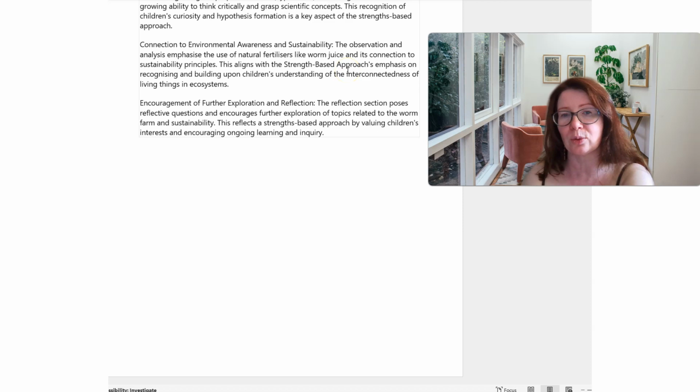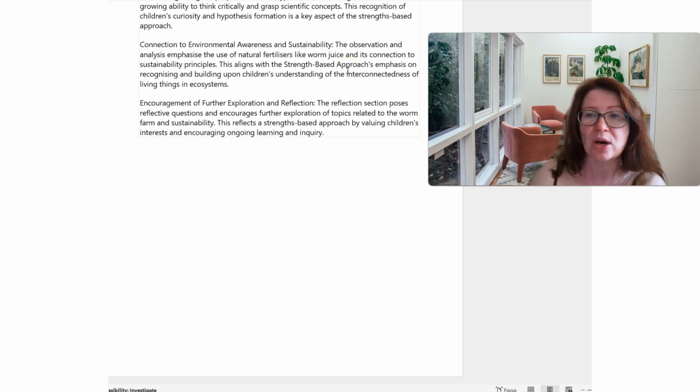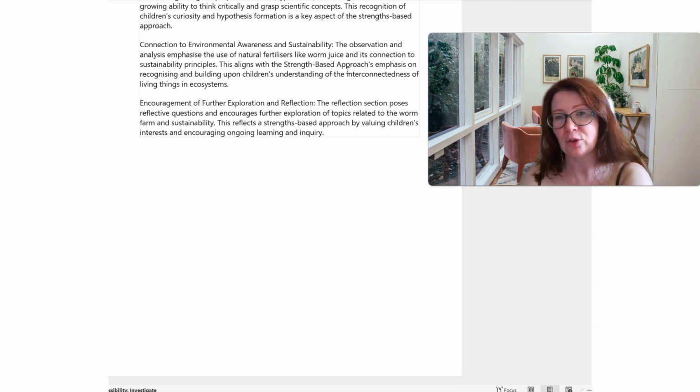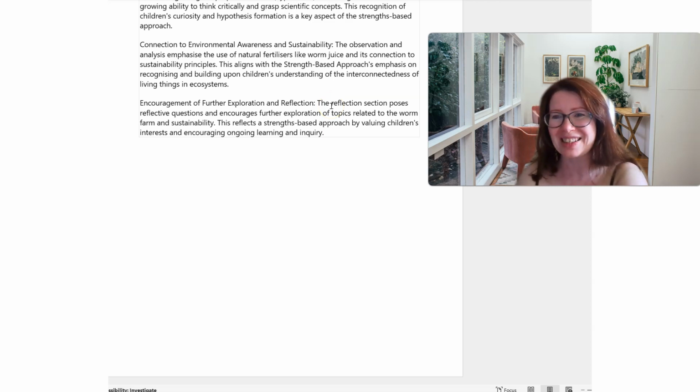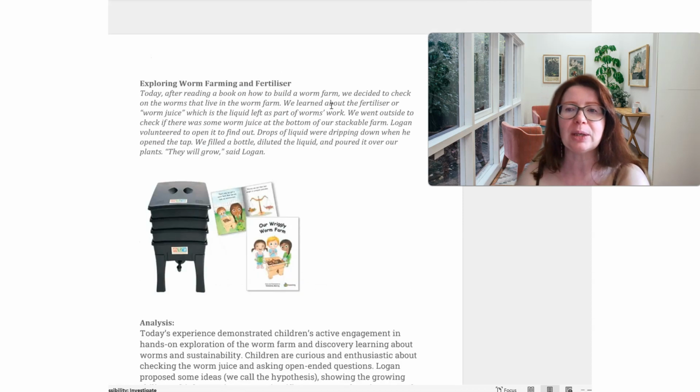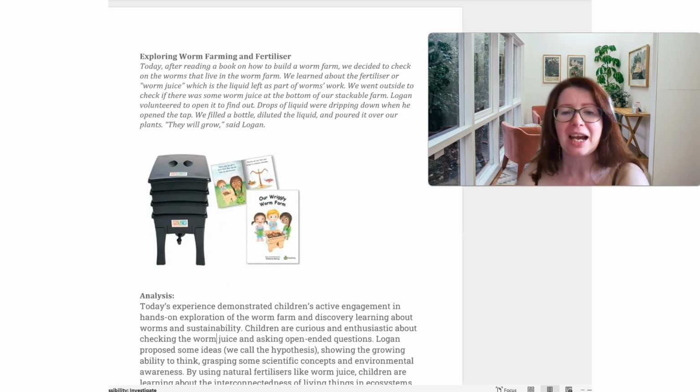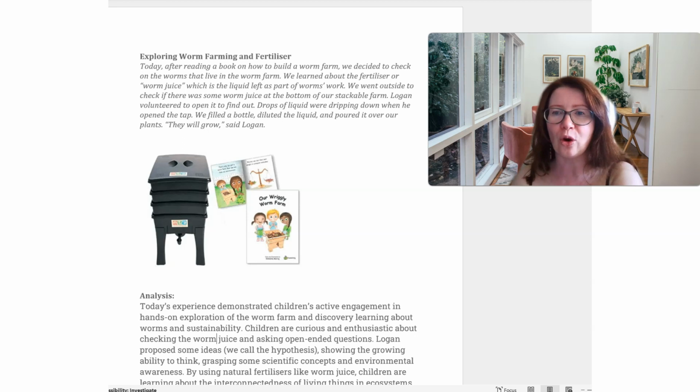As you can imagine, this would be a difficult word, so I will unpack it for children a little bit more. But the thing is, we are learning about fertilizers and worms, and this is our topic. So the exploration of topics can lead to inquiry, and this also is a strengths-based approach. So here we go, based on children's interests, supporting their needs, supporting their strengths and their dispositions for learning.